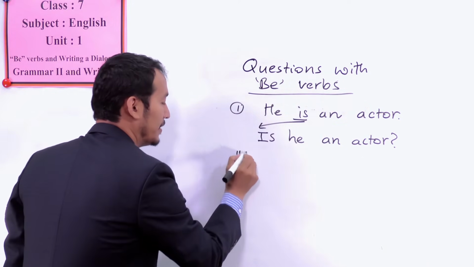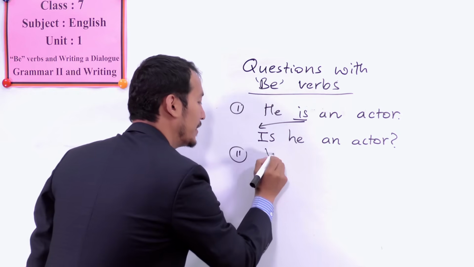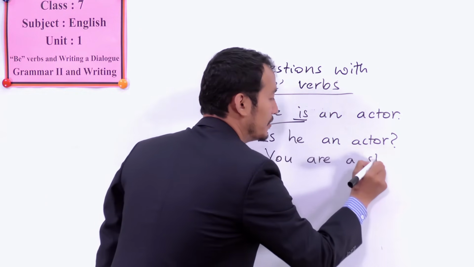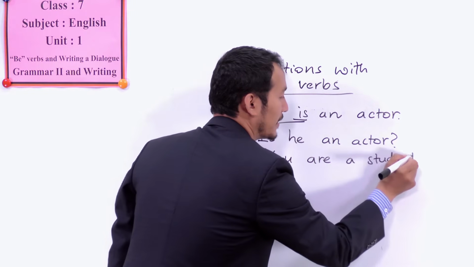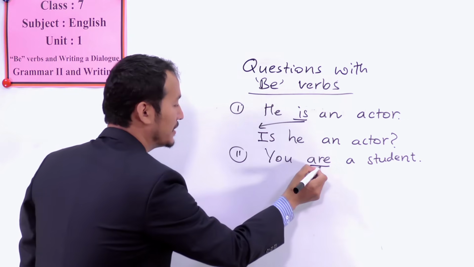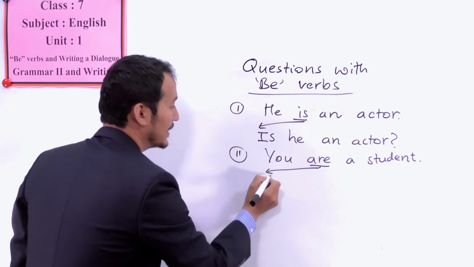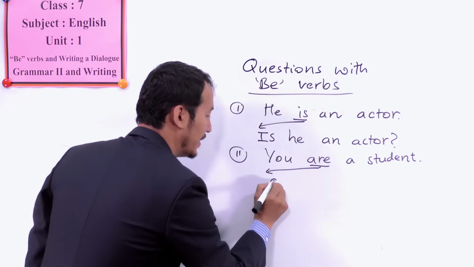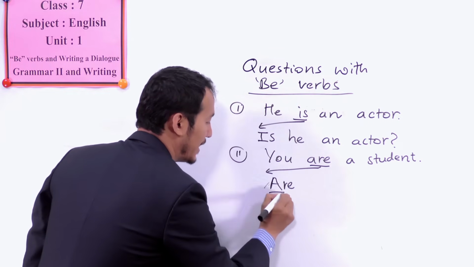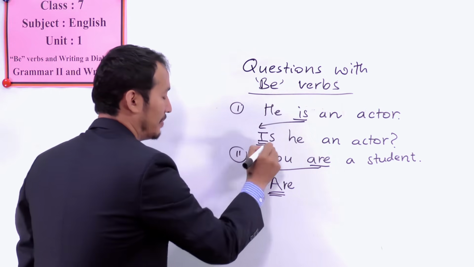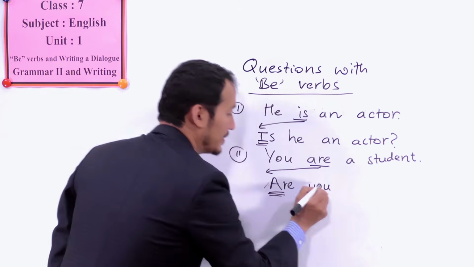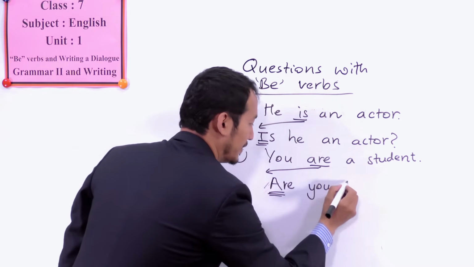Or another sentence, for example, you are a student. This is a sentence. We have a be verb here, so it's very simple. You have to, again in a similar way, put the be verb at the beginning of the sentence and make the first letter of the word capital, and you have to write the others in the same order.